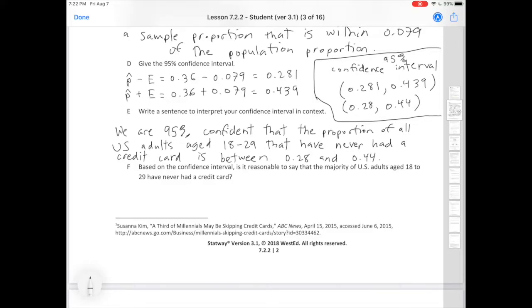I could have written 0.281 and 0.439. I just chose to use 2 decimal places this time.